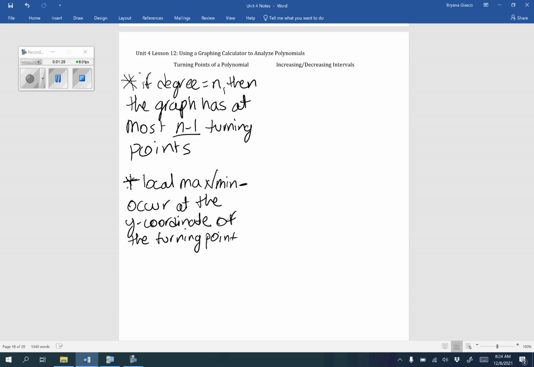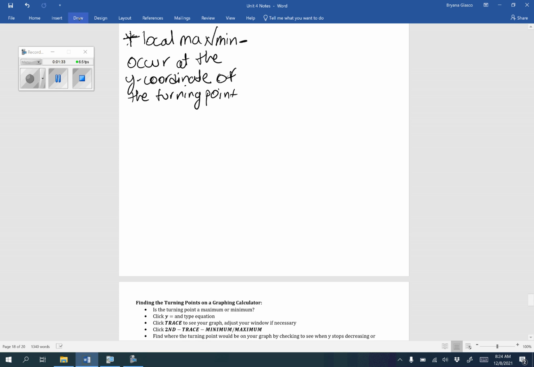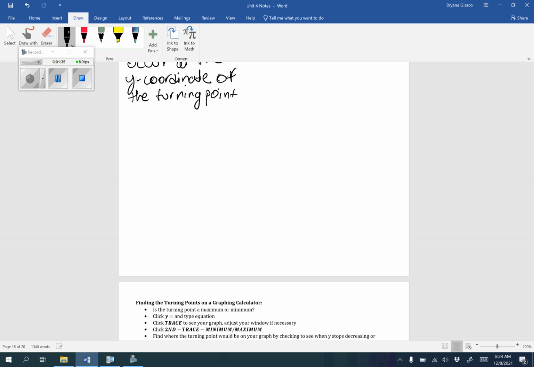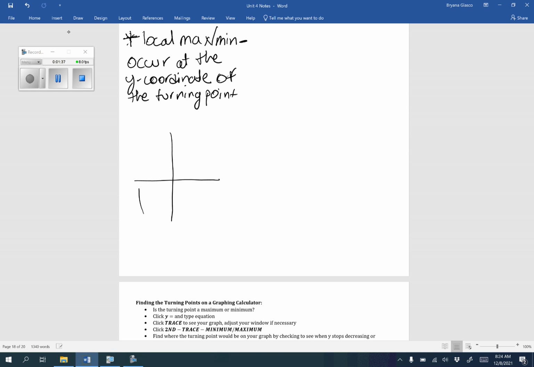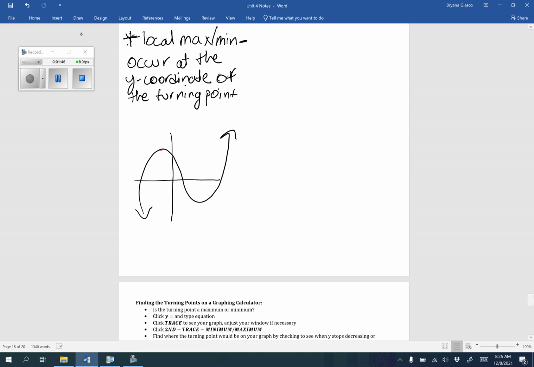So let me give you an example of what we're talking about here. Let's say I had this graph. Okay, so basically here, our point right here, this would be a local min, and it is a turning point.